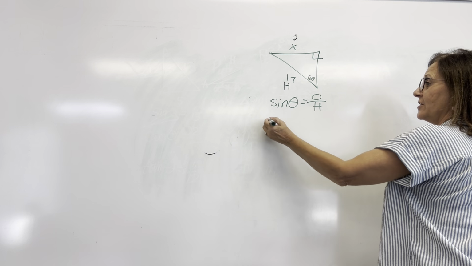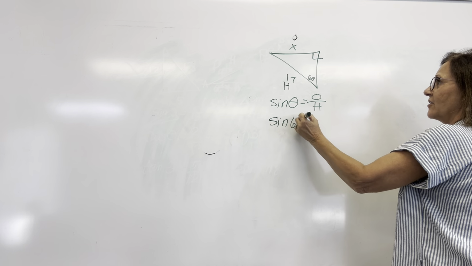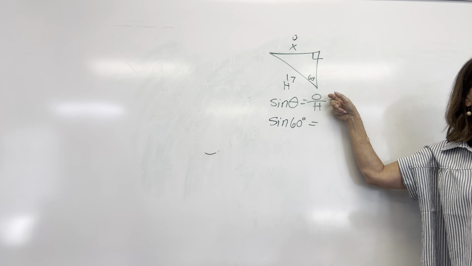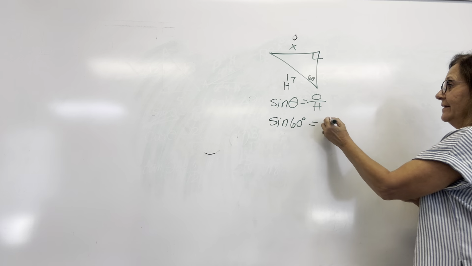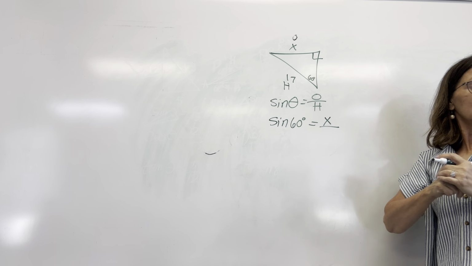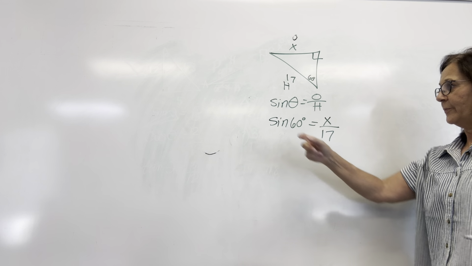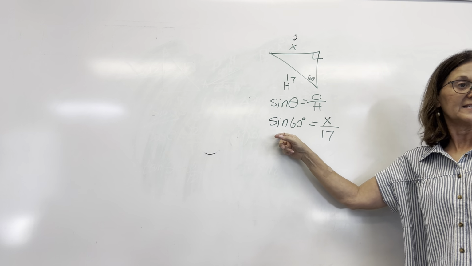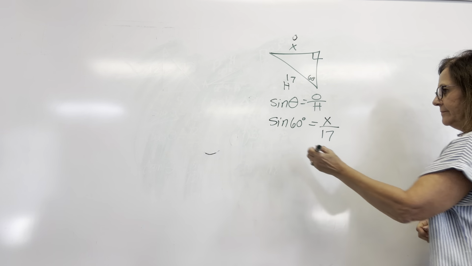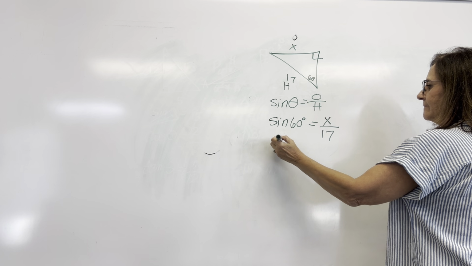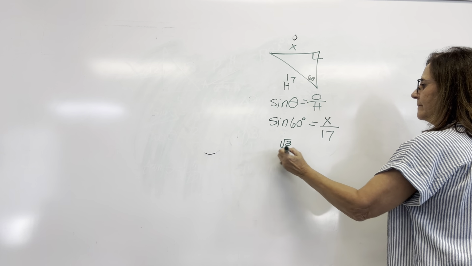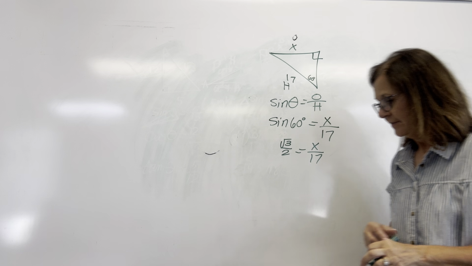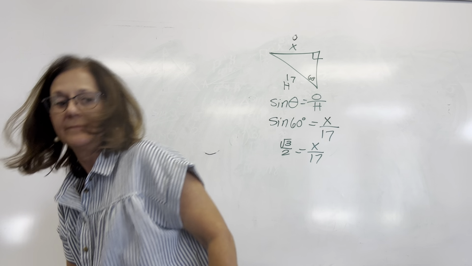Yes, sir. So the sine of 60 degrees equals, what's opposite? X, we don't know yet. And the hypotenuse is 17. Can I put this in my calculator? Yes, I can. Lily, give me what the sine of 60 is. The square root of 3 over 2. All right, now can I solve for X? Yes.